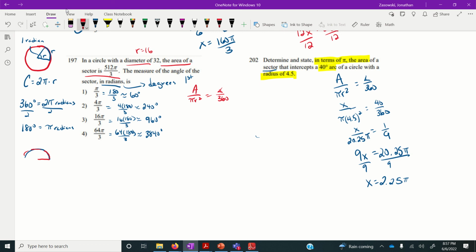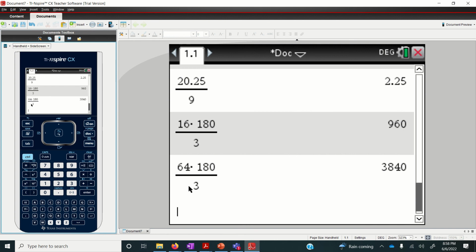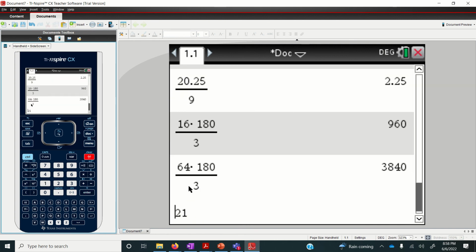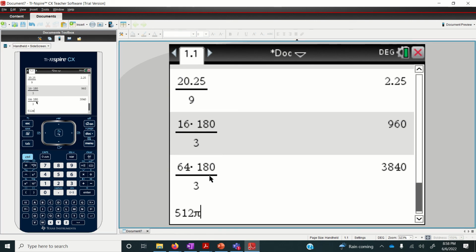So the area, I know, is 512 pi over 3. We're going to divide that by pi times 16 squared. And this is equal to the angle, which I don't know, over 360. So remember, we type this in our calculator to reduce. So we're going to do 512 pi divided by 3.